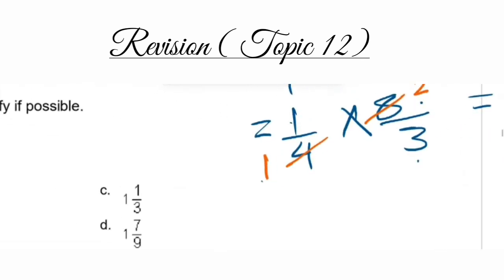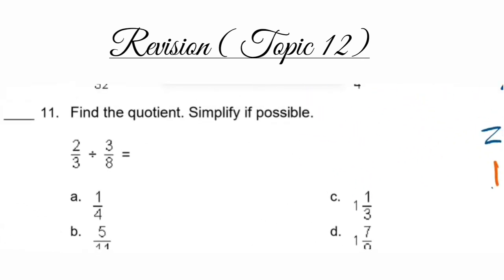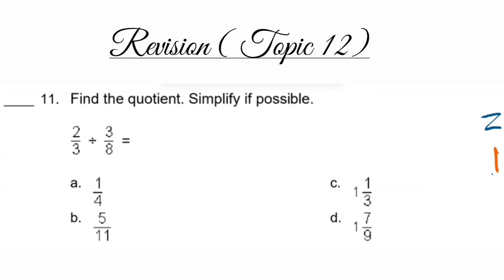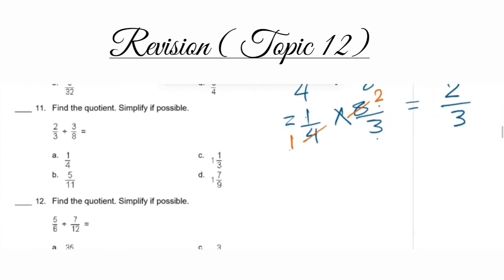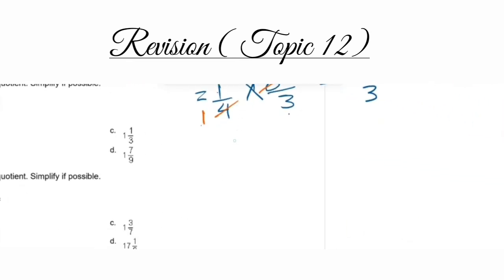And question number 11. 2/3 divided by 3/8. Okay, let's take it. Write the dividend. Change division into multiplication.